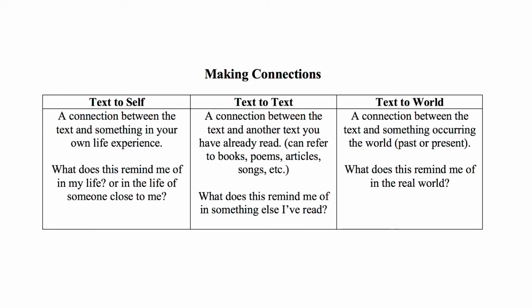So when you're reading it, and that helps with pulling up emotions too. What does this remind you of that's happened in your life? Or somebody that's very close to you in your family or a good friend? Can you relate with whatever's going on to yourself? That's a powerful one, the text to self.